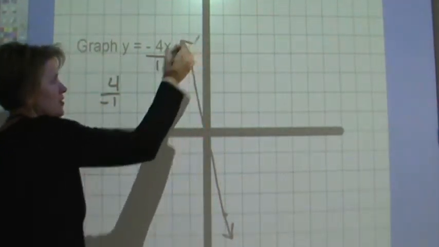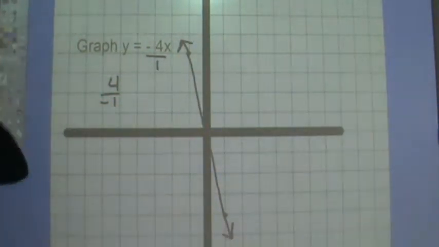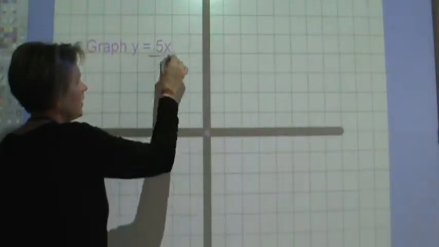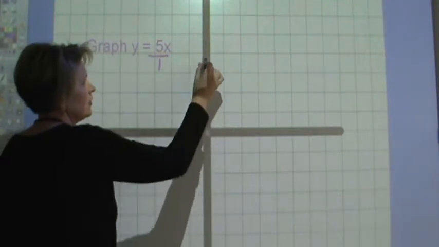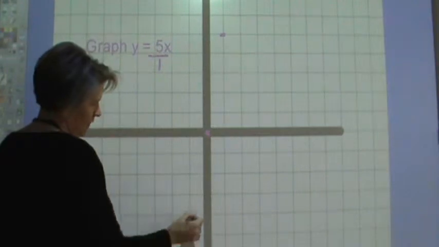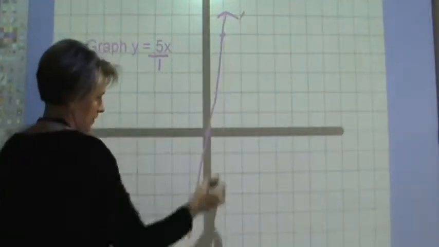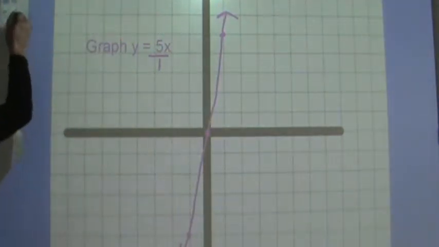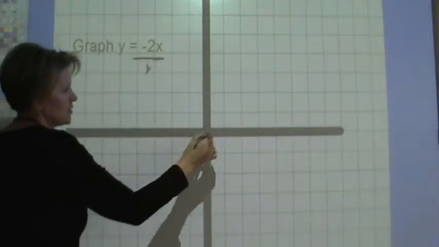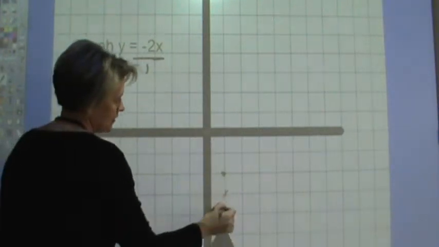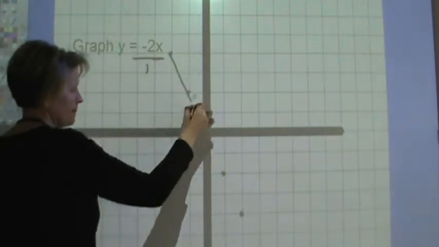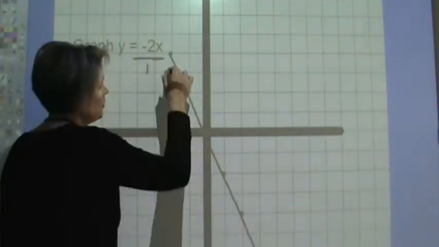And there's your line. Okay, 5x, same thing, start at the origin. I'm going to go up 5 over 1. 1, 2, 3, 4, 5, 1. Next, -2 over 1. Start at the origin, down 2 over 1, or up 2, back 1. Pretty straightforward.